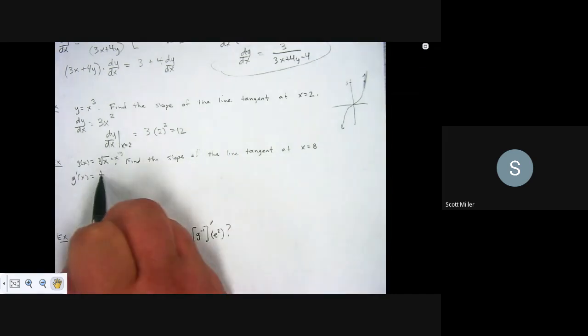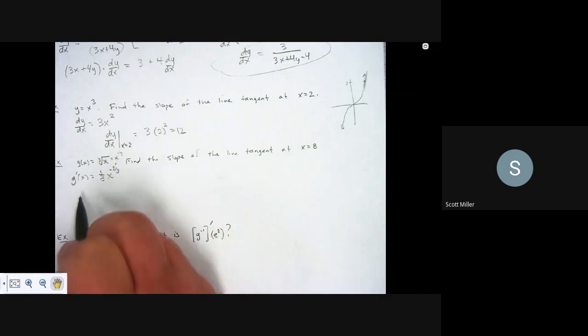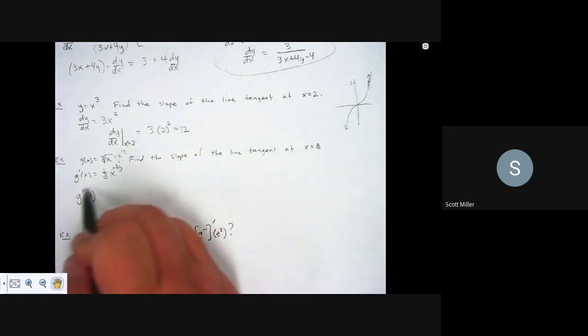Then I get 1/3 x, lower the power by 1, times dx dx. So then what is g prime at 8? This is how you would do it in function form. This is how you do it in dy dx form. This is how you evaluate in function form.